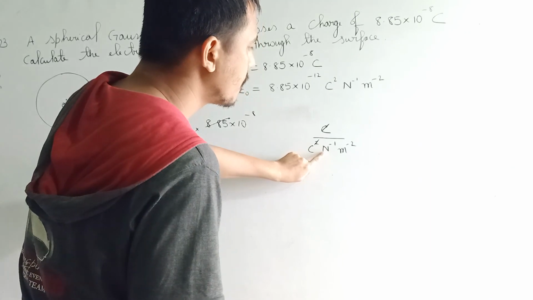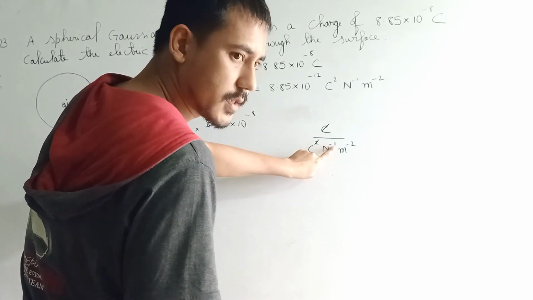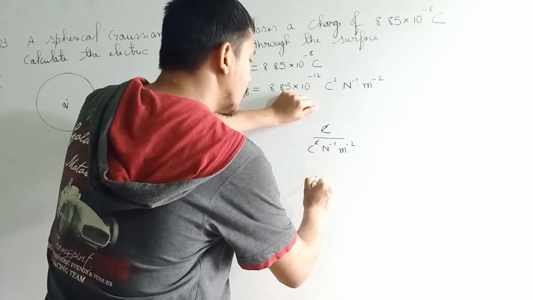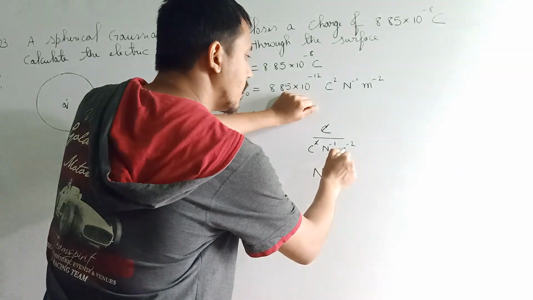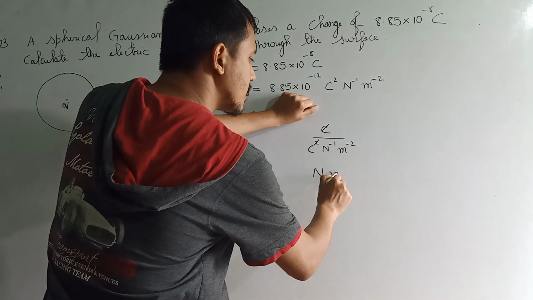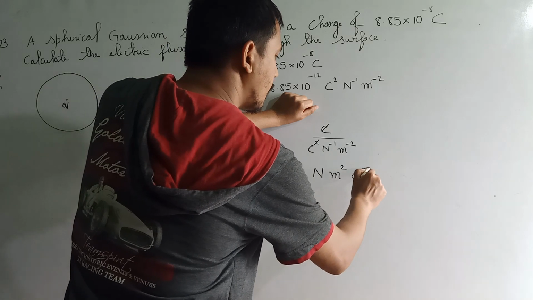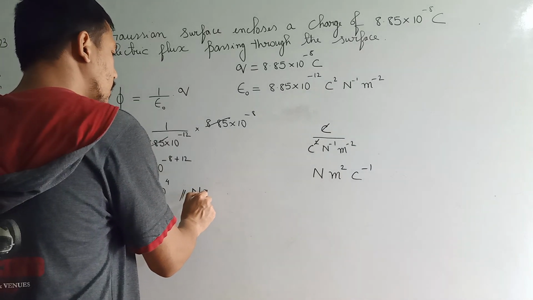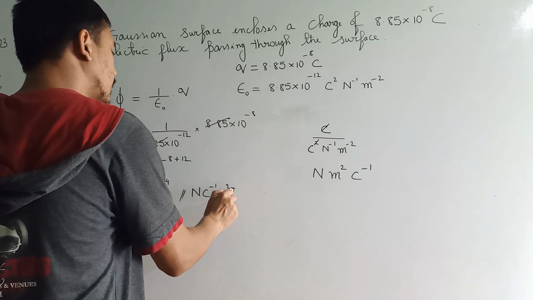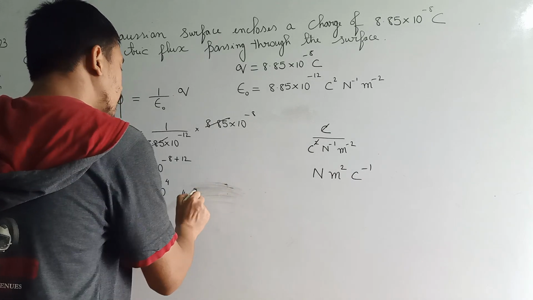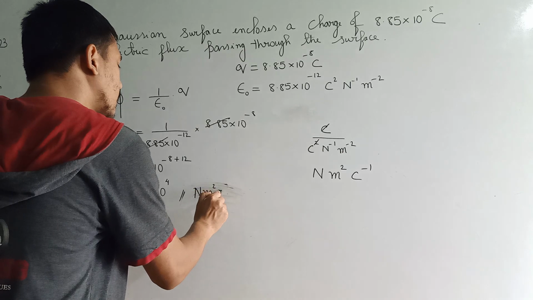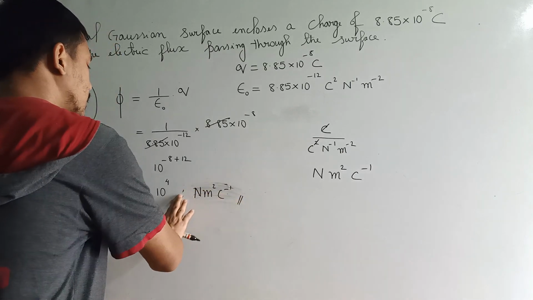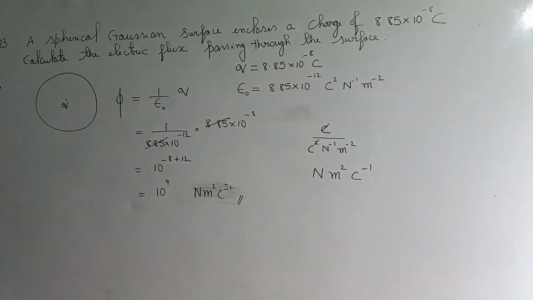Newton to the power minus 1, if you bring it to the numerator, becomes Newton. Per meter square becomes meter square, and per coulomb. So we'll write Newton meter square per coulomb. Newton meter square per coulomb. Is that alright? That should be the unit for electric flux. Yeah.